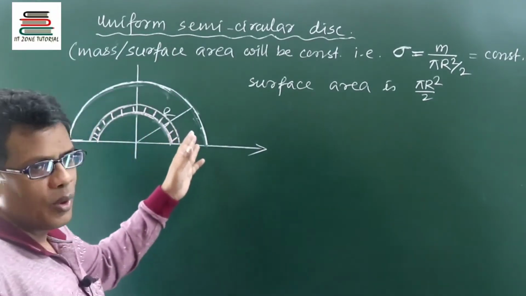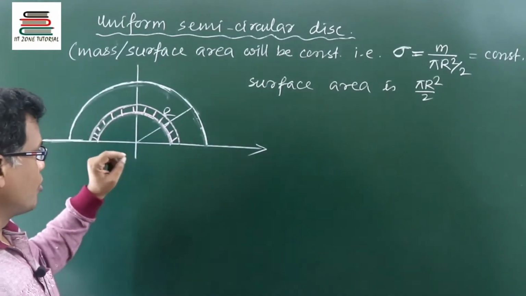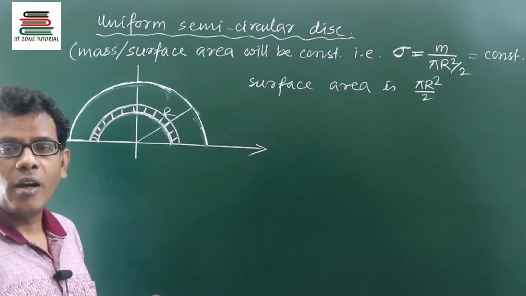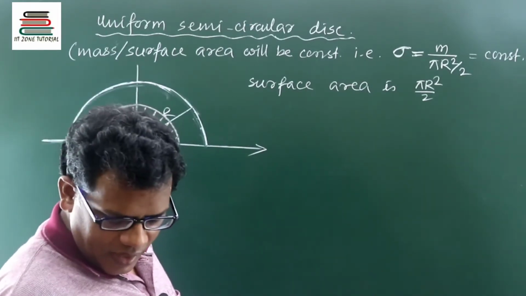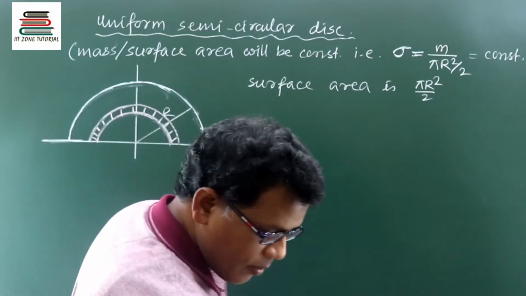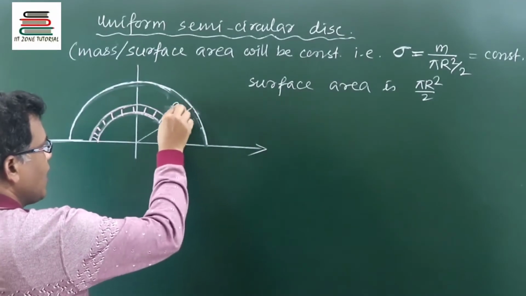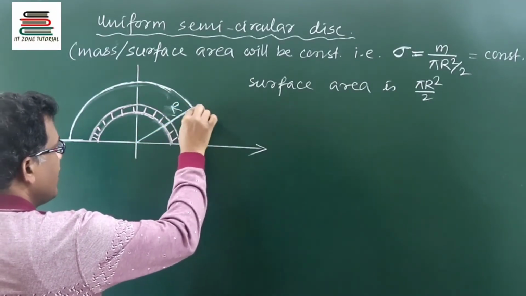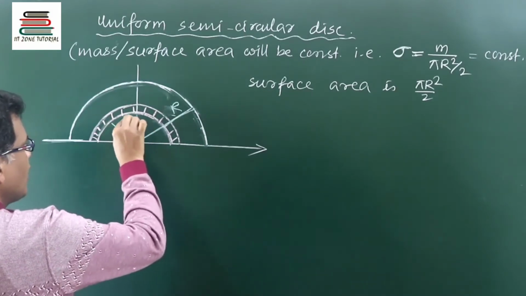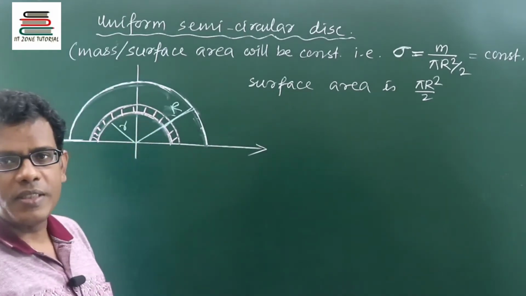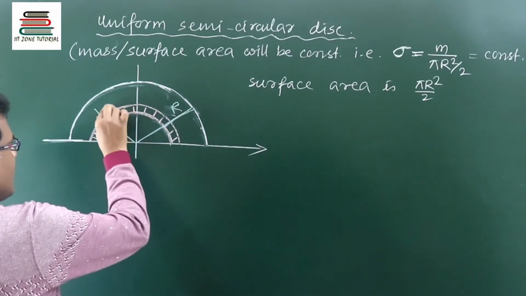So that's why from a two-dimensional semicircular disc, we can choose one semicircular ring of some thickness as an element part of it, having the same dimension order. So I took capital R as the radius of the disc, and I can take small r as the radius of the semicircular ring, and let it be of certain thickness dr.